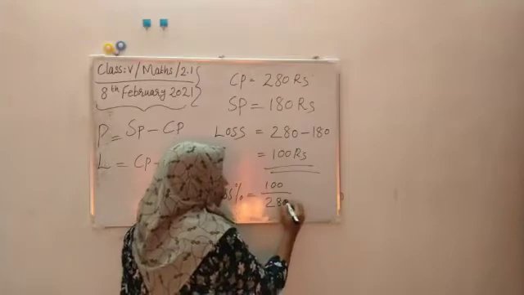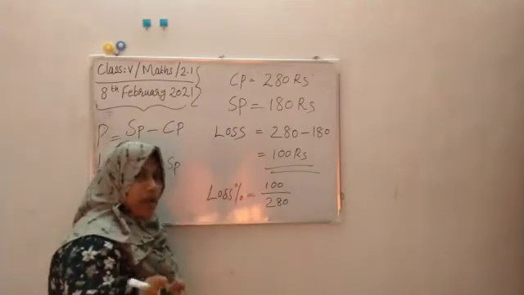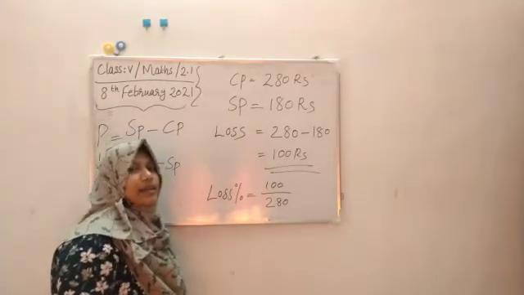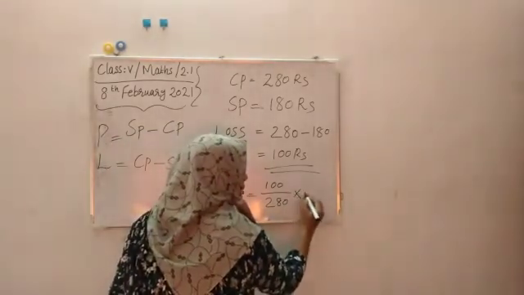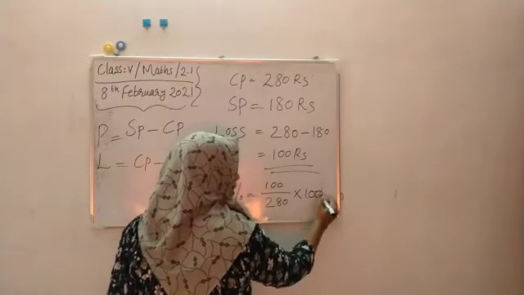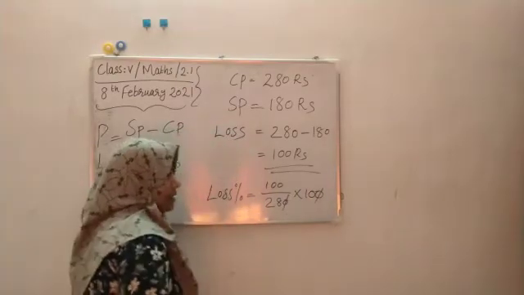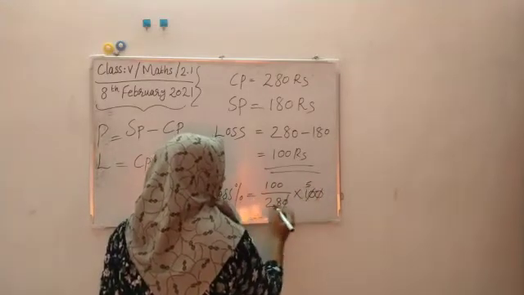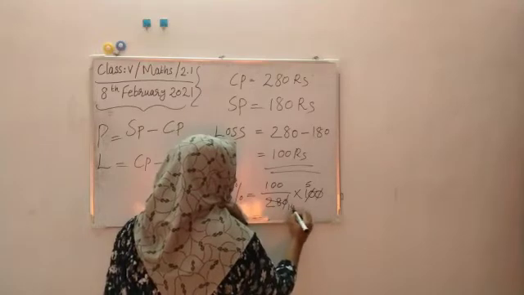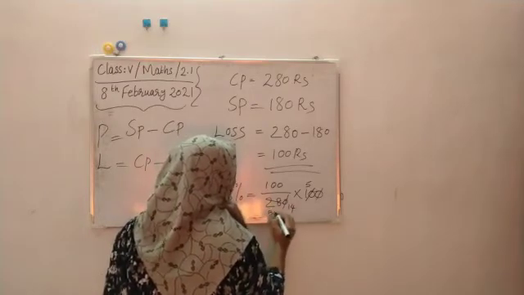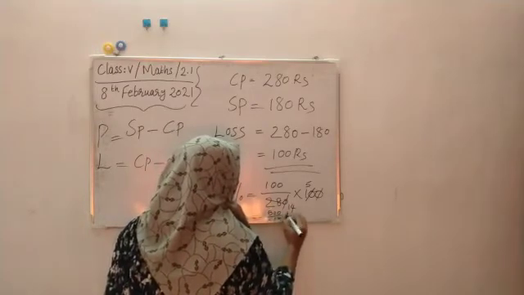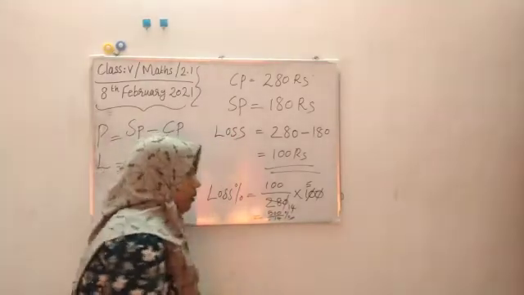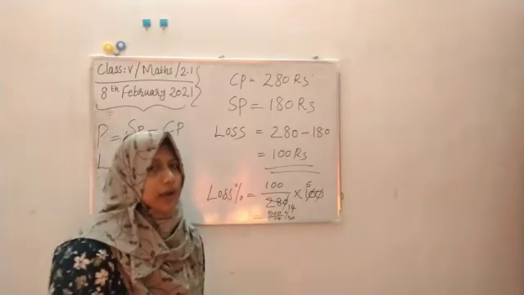So 100 by 280, and you know every fraction can be expressed in terms of percentage by, yes, multiplying the fraction with 100. Got it? By cancelling, we get, here 2 goes 5 times, here 14 times. So 500 divided by 14 percent. By dividing this value, we get the actual percentage.